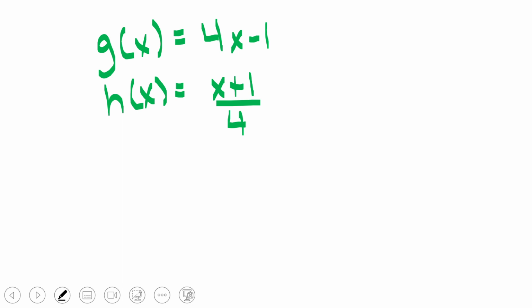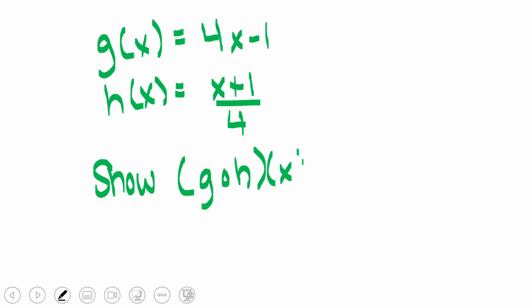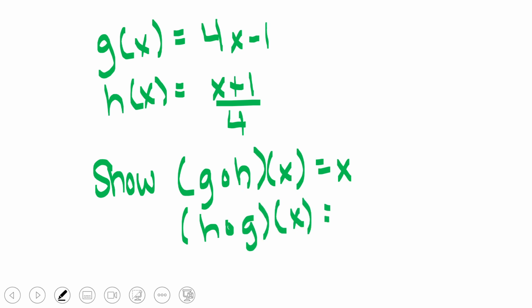We're going to show that G composition H of x is equal to x, and H composition G of x is equal to x also. If we can get those to match, then indeed they are inverse functions.